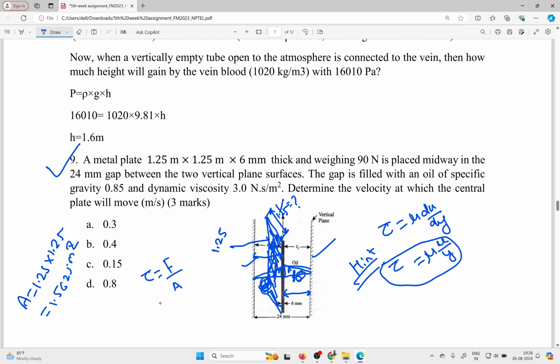F is already given as 90. So you can put F, that is 90, divided by 1.5625, equal to mu, which is already given as 3.0, times the velocity gradient.